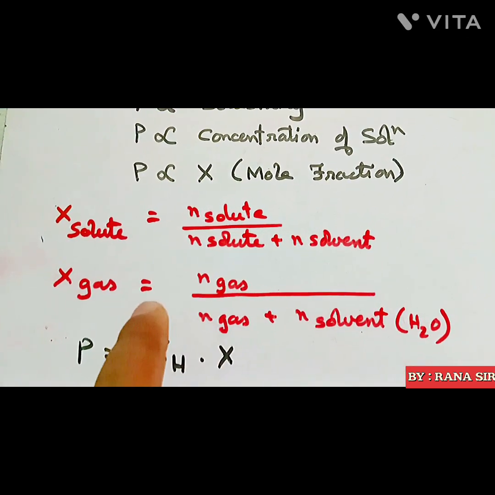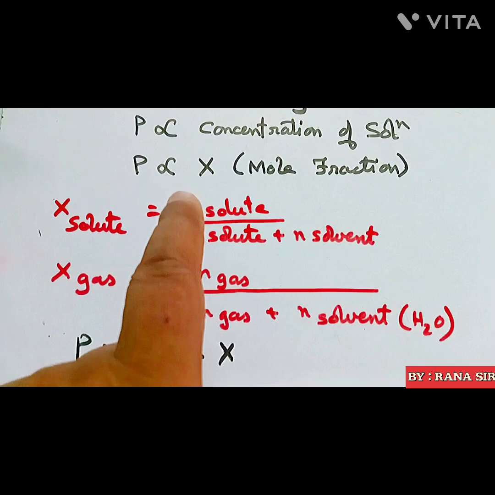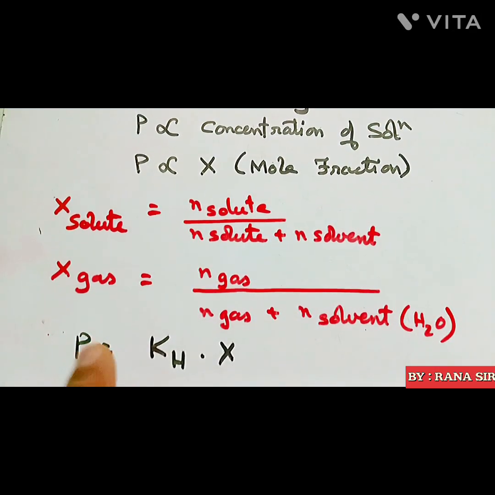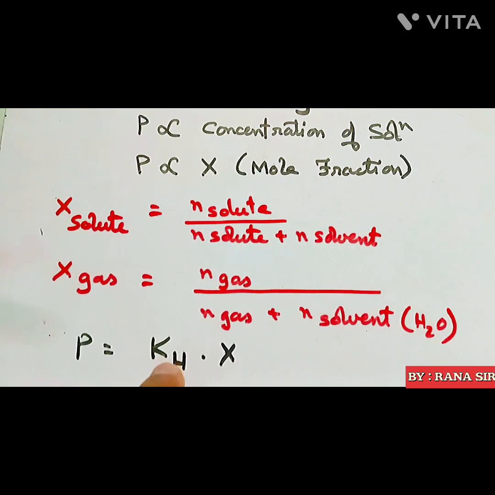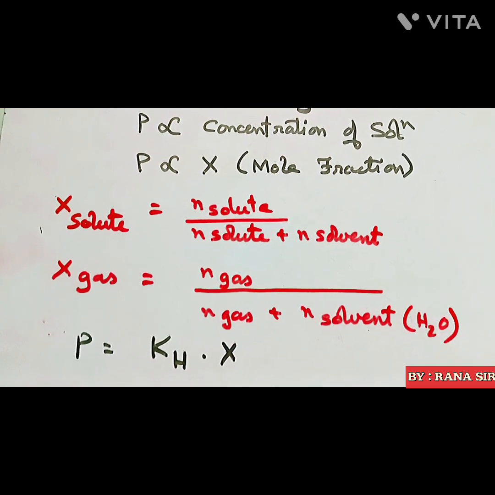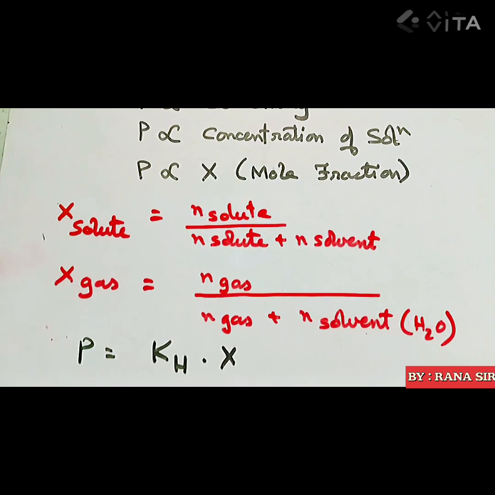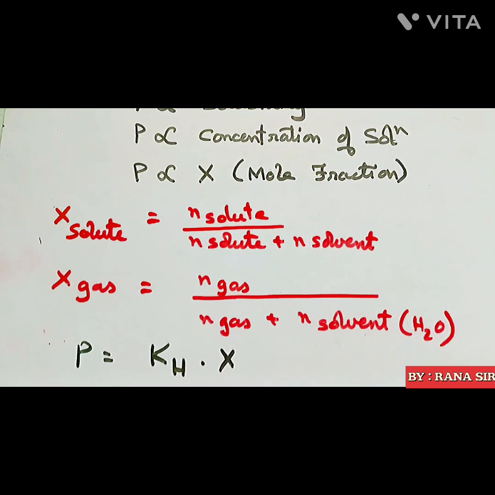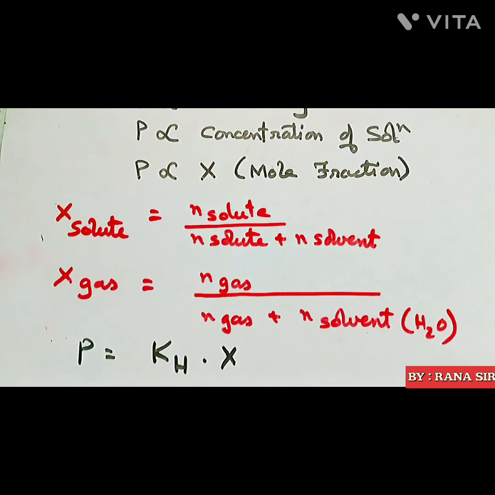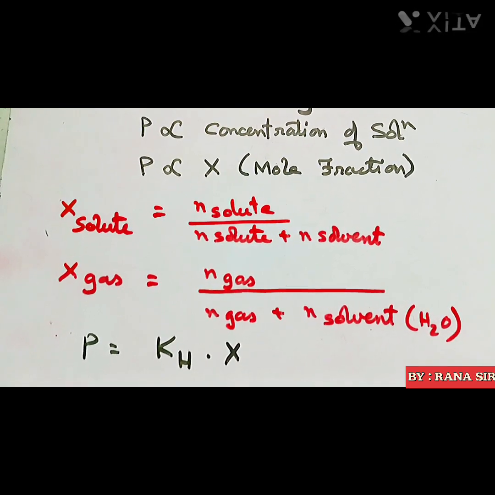So if I am removing the proportionality sign and bringing it to equal, I'll be putting a constant. So I'm putting constant at kH. What is kH? kH is Henry's constant. Now Henry's constant actually depends on the gas from case to case.